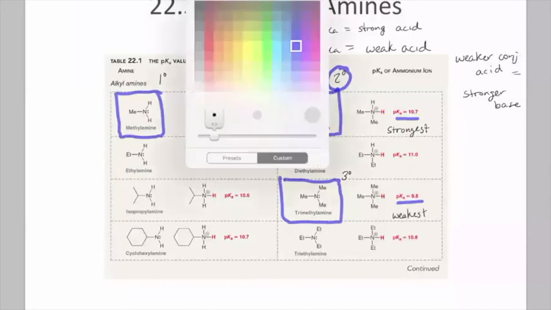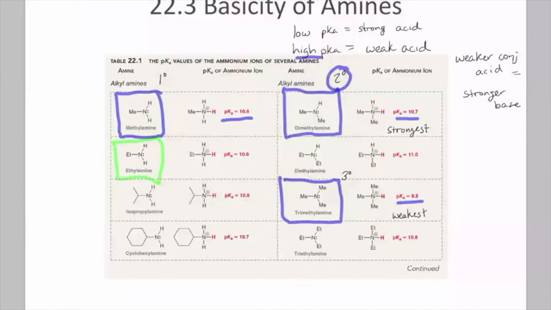If we look at another family of very similar ones, ethylamine, diethylamine, and triethylamine, again comparing these pKa's, the highest pKa is the strongest, so that would be the secondary. And the weakest is going to be the lowest, and so that would be the primary.